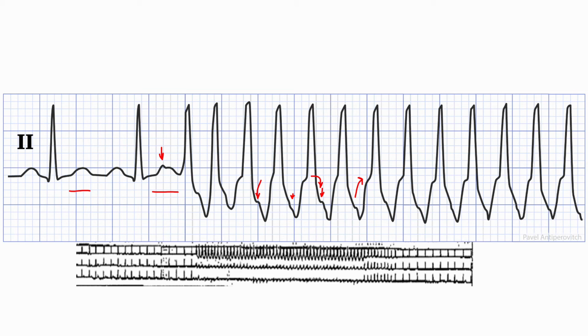Since it's a P wave, it's an early P wave, it's the first event of this tachycardia, it's a PAC. So this is a wide complex tachycardia that initiates with a premature atrial contraction, and VT doesn't start with a premature atrial contraction. It's extremely rare, kind of a case reports.